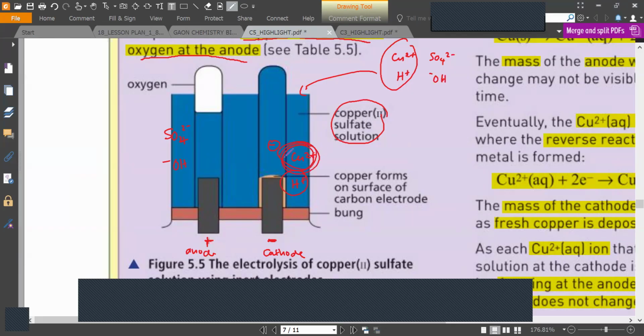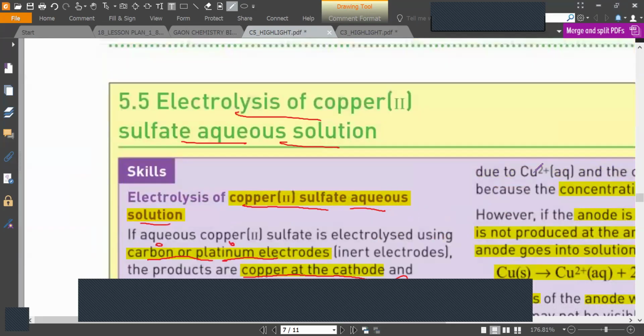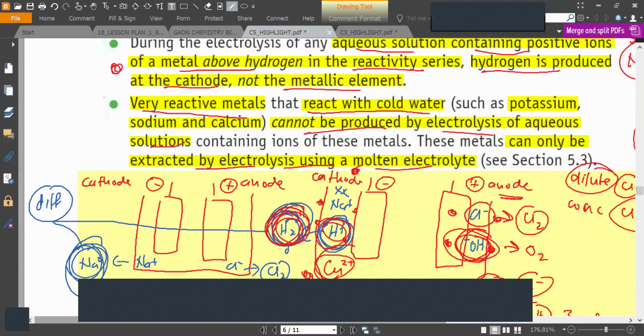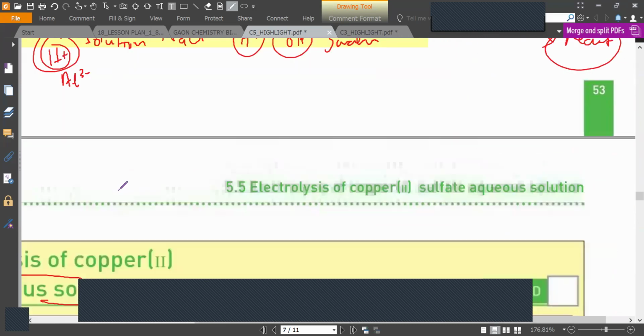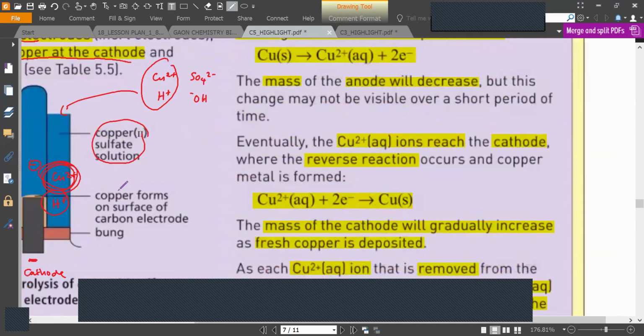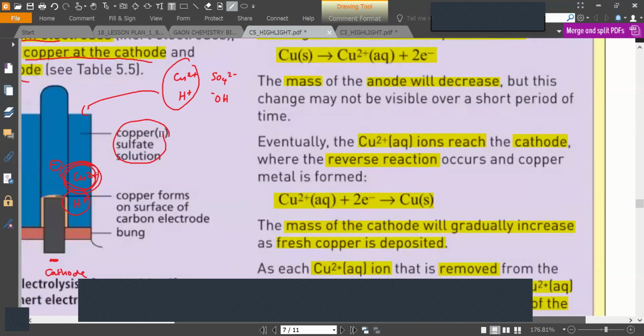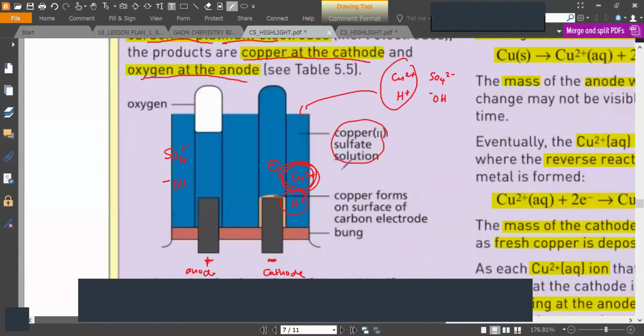Our answer is copper. Why? Because just now we mentioned the one that is lower in the reactivity series will react. So this copper 2 plus will be reduced to copper metal. This is our product here.